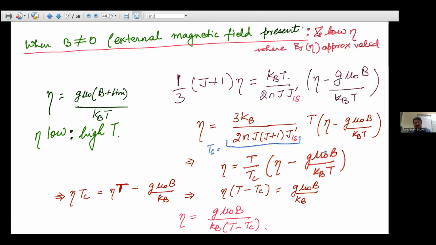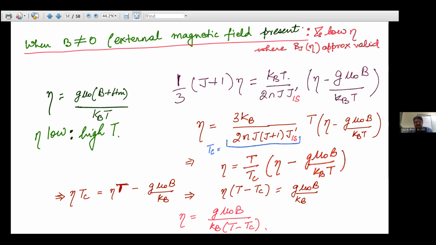And why will you get that? Okay, so you're replacing this eta, rather than use this term, you're using this term which has an explicit temperature dependence. So the effect of Hm has been incorporated in this Tc, right?